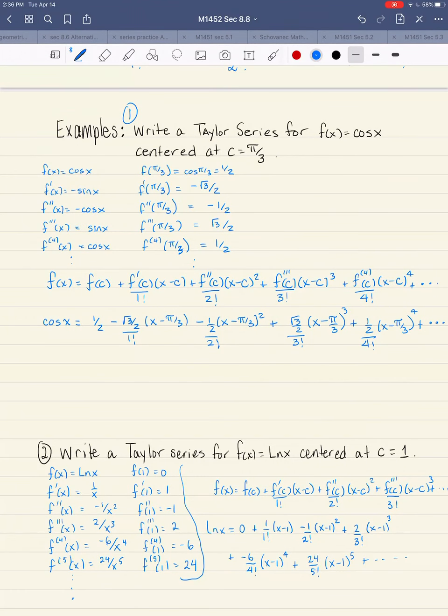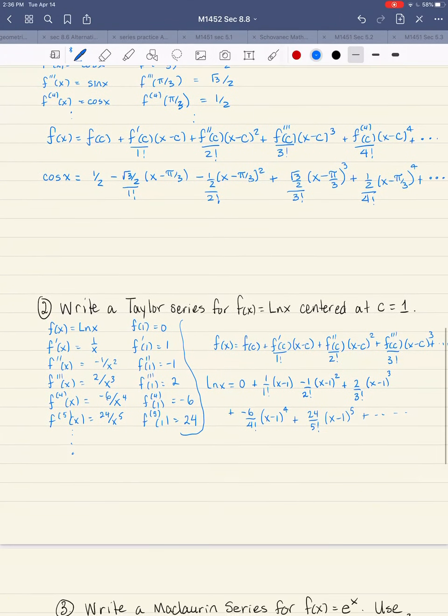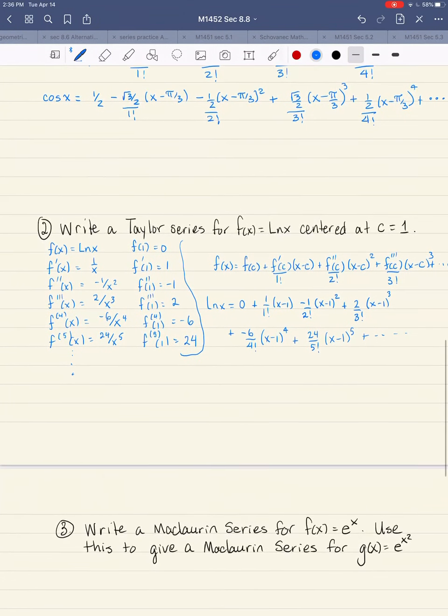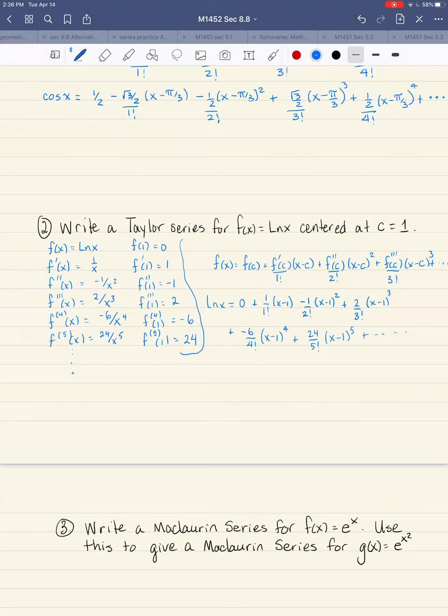Now, let's make some observations here. Let's look at the 24. 24 is the same as 4 times 3 times 2 times 1, or 4 factorial.